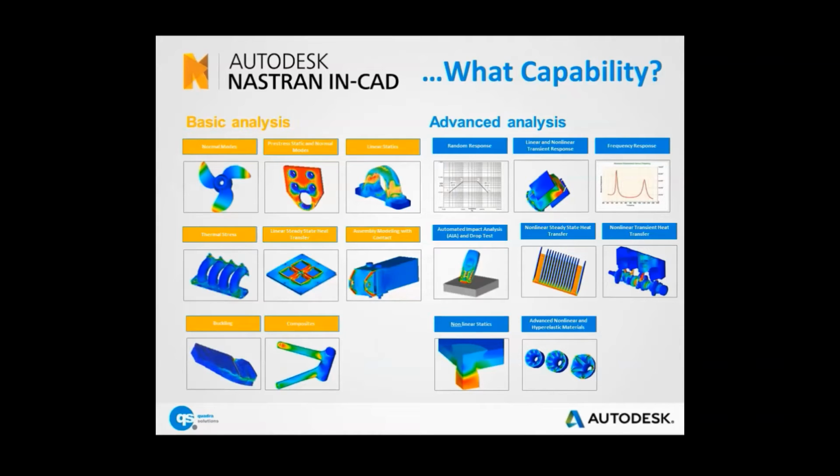So impulse loading, for example. Frequency response as well there determines the structural harmonic response based upon frequency-dependent loads. You've got the drop testing, which provides realistic shock, impact and projectile simulation.